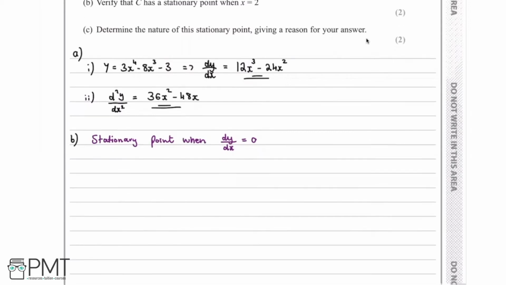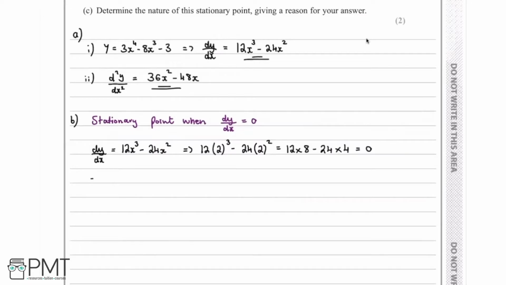So recall that our derivative, dy by dx, is equal to 12x cubed minus 24x squared. So then if we substitute 2 into this, this will give us 12 lots of 2 cubed minus 24 times 2 squared, which is going to be equal to 12 times 8 minus 24 times 4, which is equal to 0.